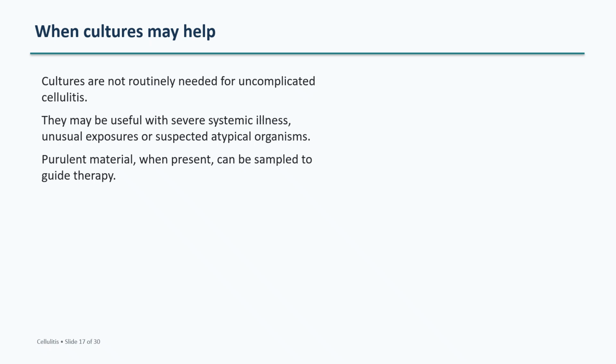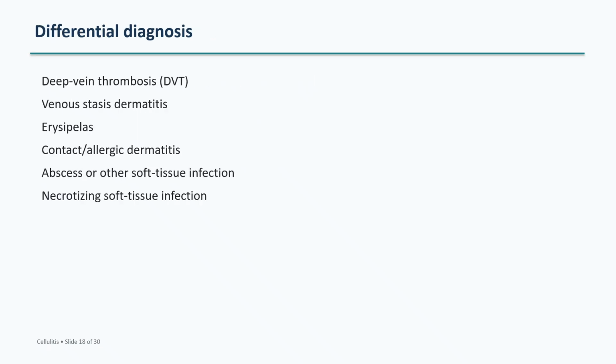Then culture may be required. Purulent material, when present, can be sampled to guide therapy. When there is an abscess or some other purulent material at the site, then we can take a sample or biopsy of the purulent material, which also guides the therapy.